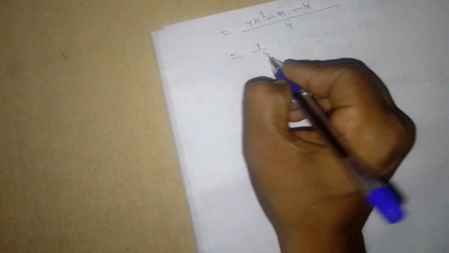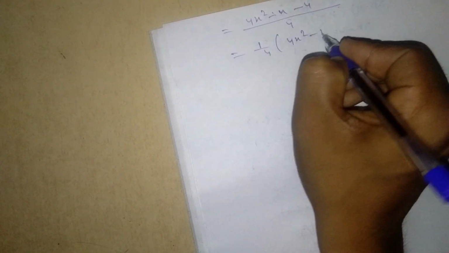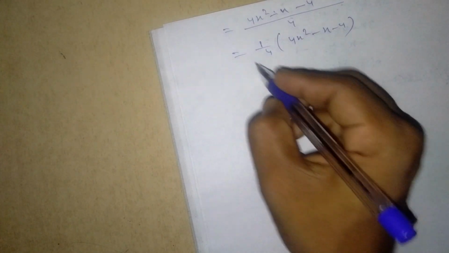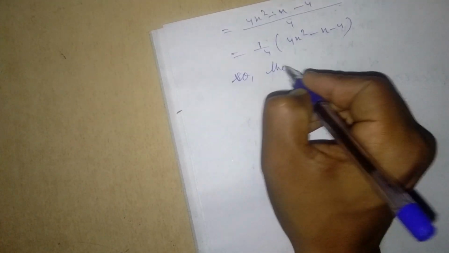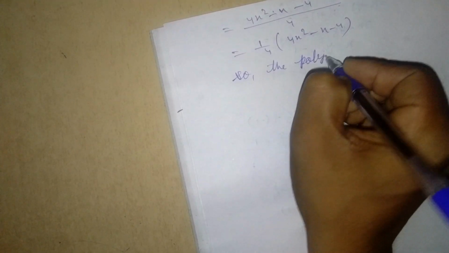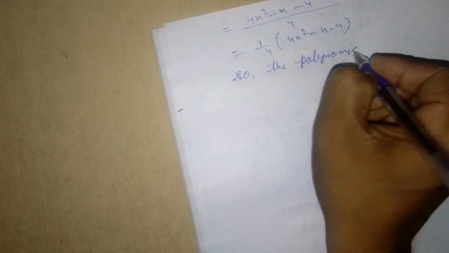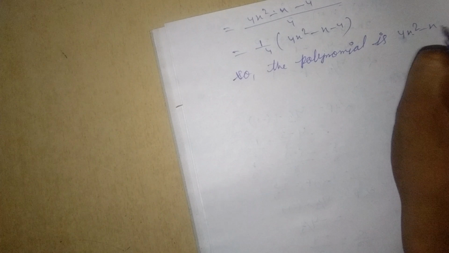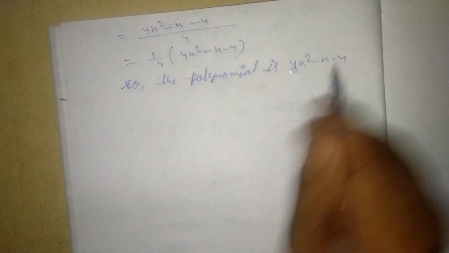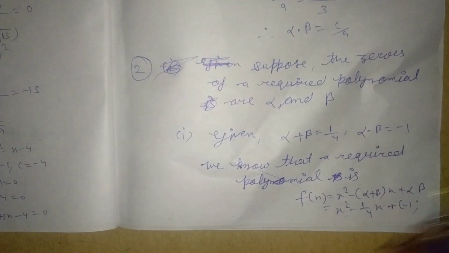So 1 upon 4 and in a bracket 4x square minus x minus 4. Okay, so you can write the polynomial is 4x square minus x minus 4. So your answer can be this, or also can be this.